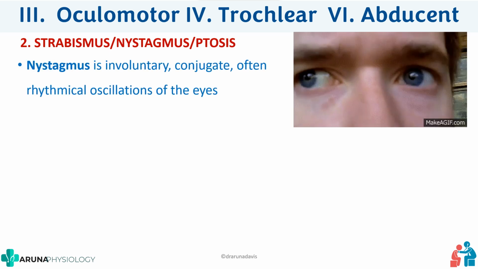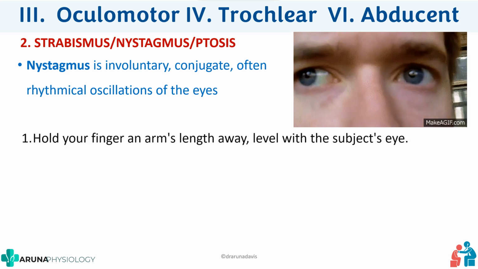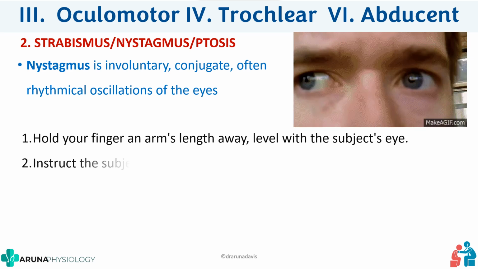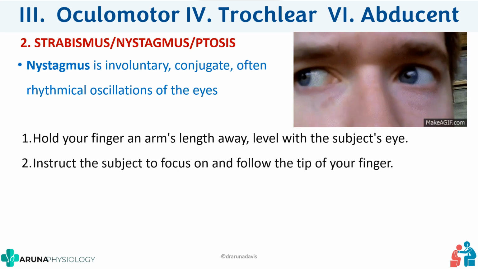Now next, what is nystagmus? Nystagmus is an involuntary conjugate, often rhythmical oscillation of the eye. As you can see, there is this rhythmic oscillation of the eye which is called nystagmus. So how do we test for that? You can hold your finger at an arm's length away at the level of the subject's eye, and then you instruct the subject to focus on and follow the tip of your finger, just like you examine for movements of the eyeball.